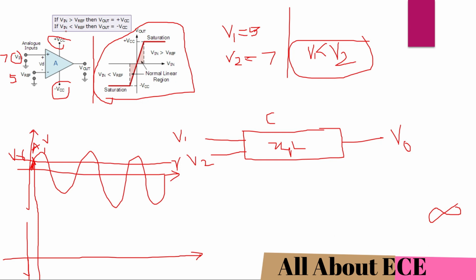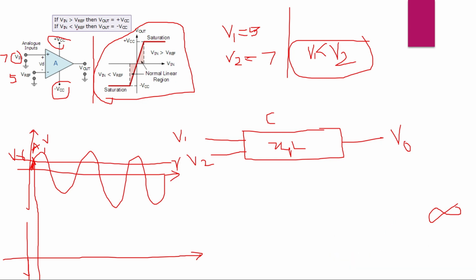You can clearly observe my V input is less than V reference. In this case, we will get minus VCC, so from here you can observe minus VCC.